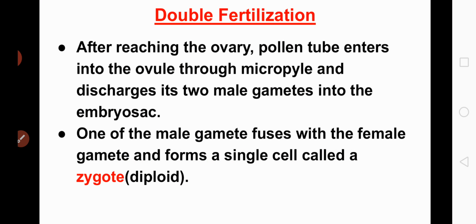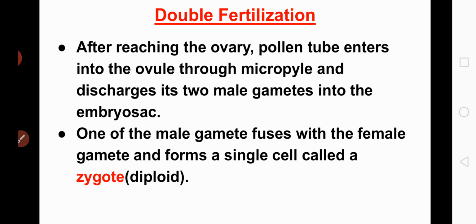So after pollination what happens is the pollen grain, by absorbing moisture from the stigmatic surface, ruptures to form the pollen tube. Okay, so after pollination the pollen grain produces the pollen tube. Clear?